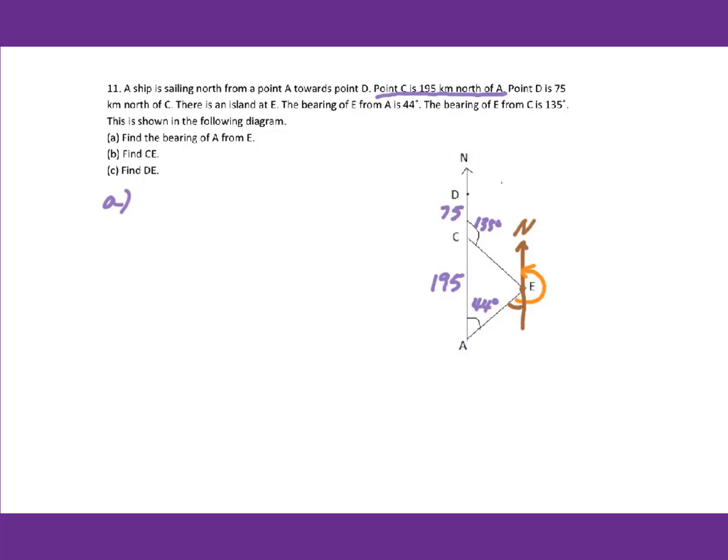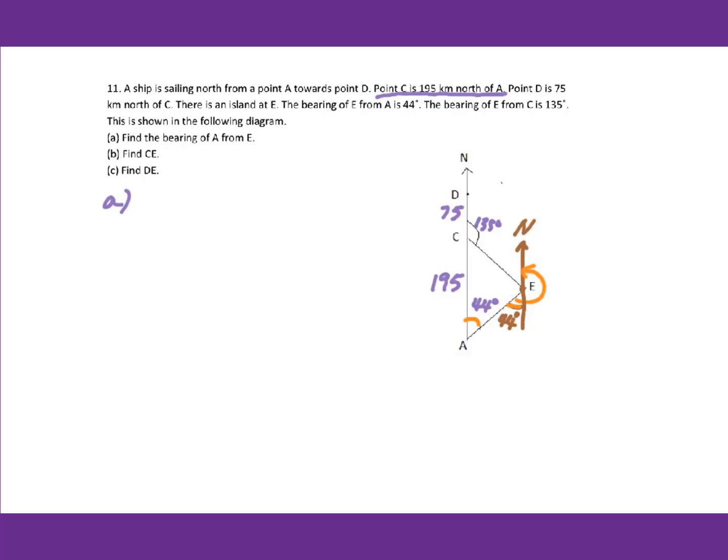These two lines are parallel because both are pointing at the north, and this angle will be 44 degrees because these two angles are alternate interior angles.